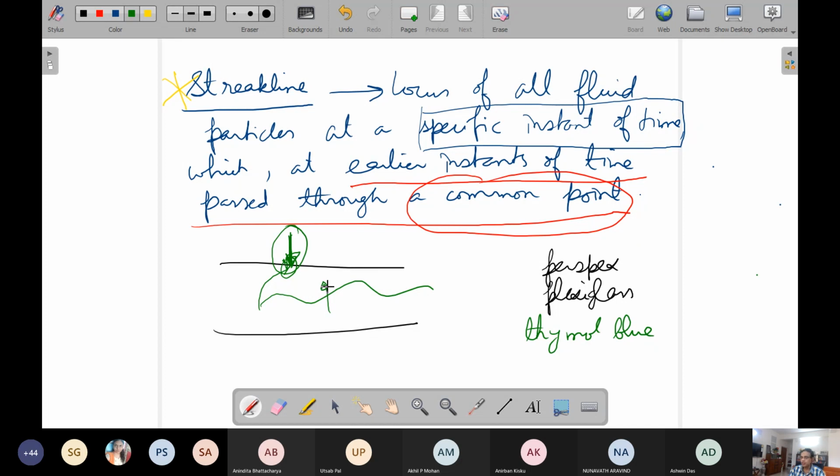If there is a diffusion across various layers of flow, the dye will get diffused, and then you will not get such a sharp line. But if you are getting such a sharp line, that means the dye is not getting diffused. And if the dye is not getting diffused, the only way in which you can see this clear color line is that it passed through this point.